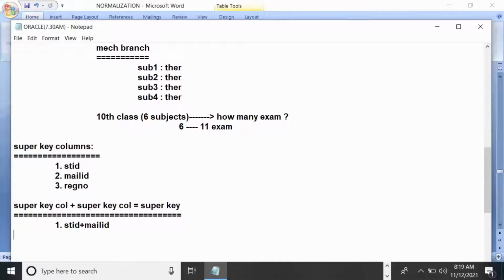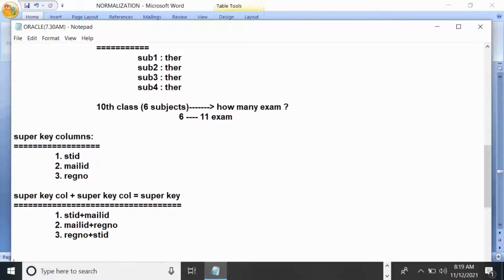Any combination of two super key columns, again, is called a super key only. Any combination of super key columns, again, we say is a super key only. So these are also super keys.